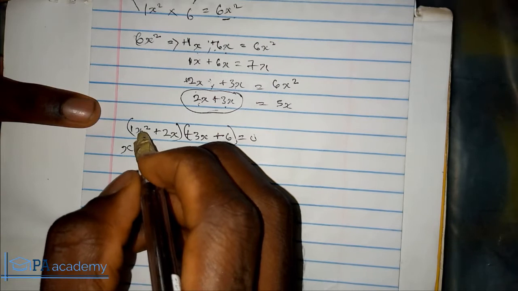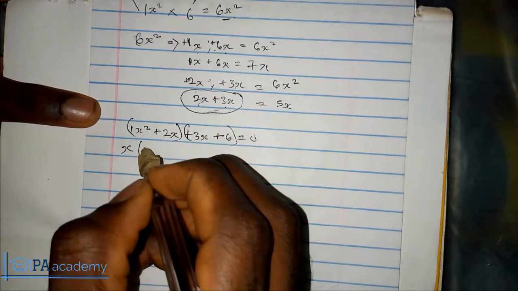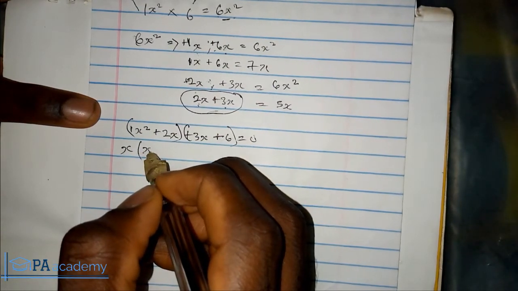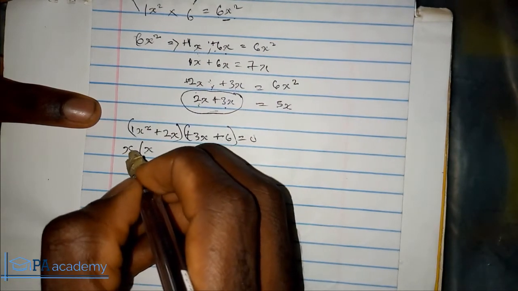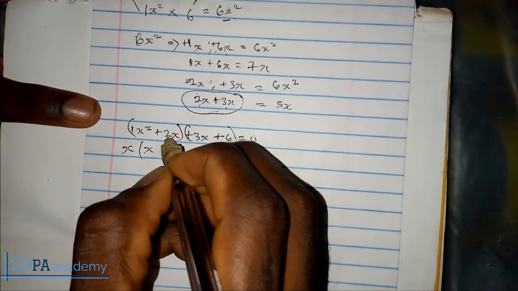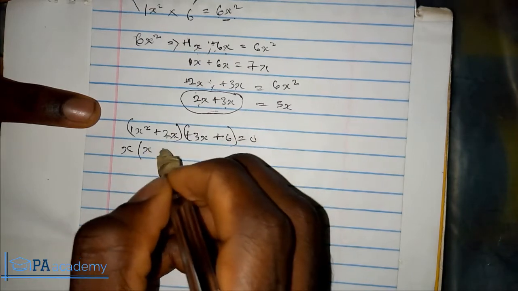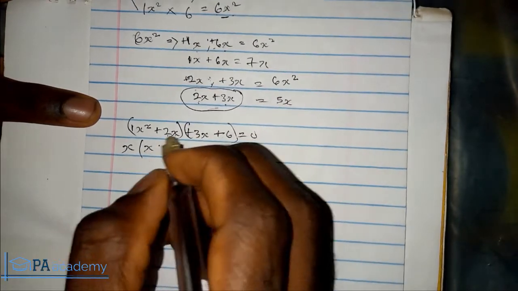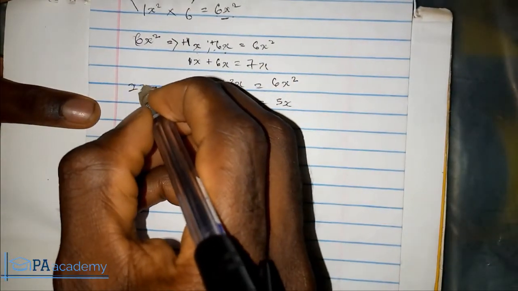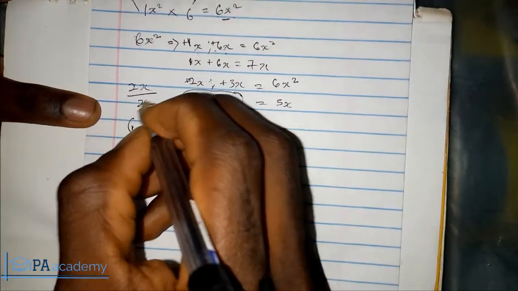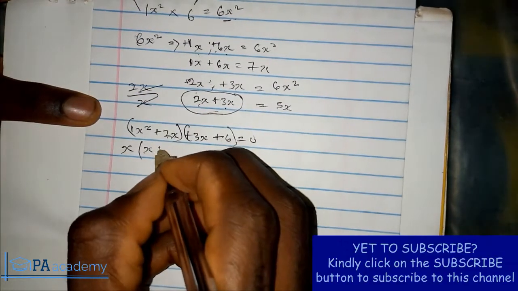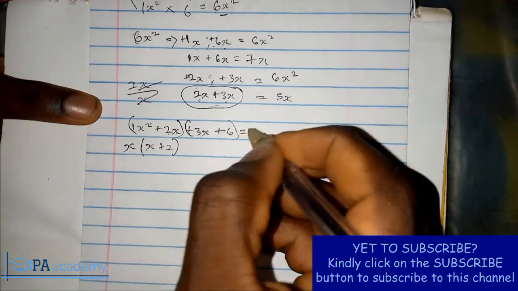1x squared divided by x would give us x. You are going to divide this with what we have outside. Then 2x divided by x, we'll be left with 2. So that's plus 2. You close the bracket. You go to the second bracket.